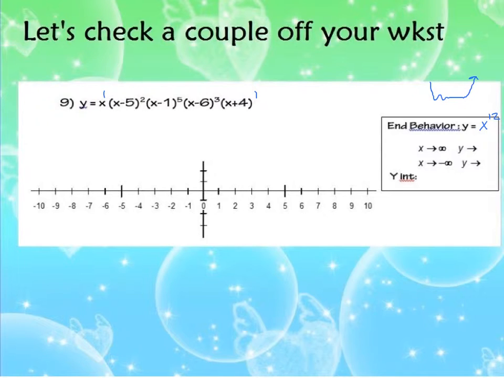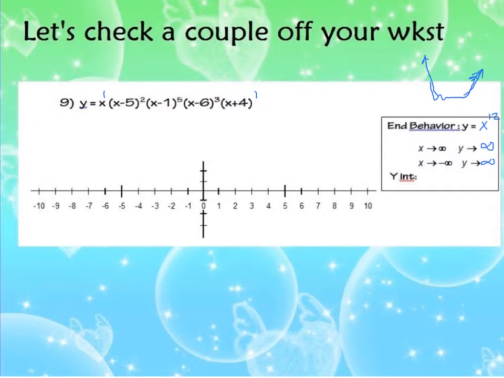Okay, so if that's the case, as x is approaching infinity, y is headed upward as well, so y approaches infinity. As your x goes to negative infinity, your y is headed up here, and so it goes to positive infinity. As far as a y-intercept, we've got to plug 0 in for x.